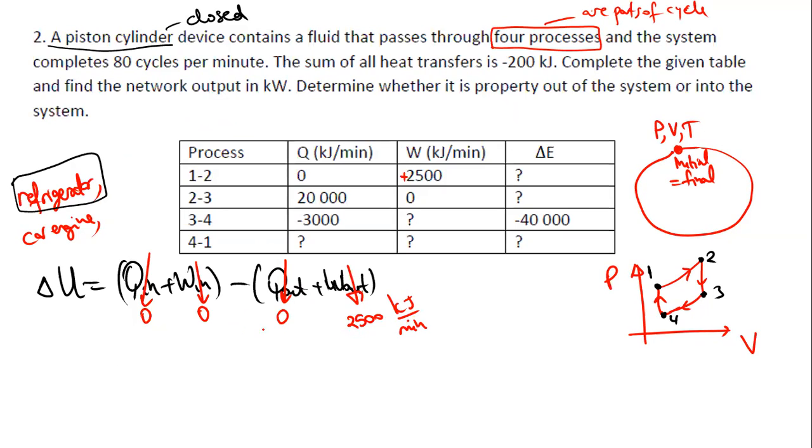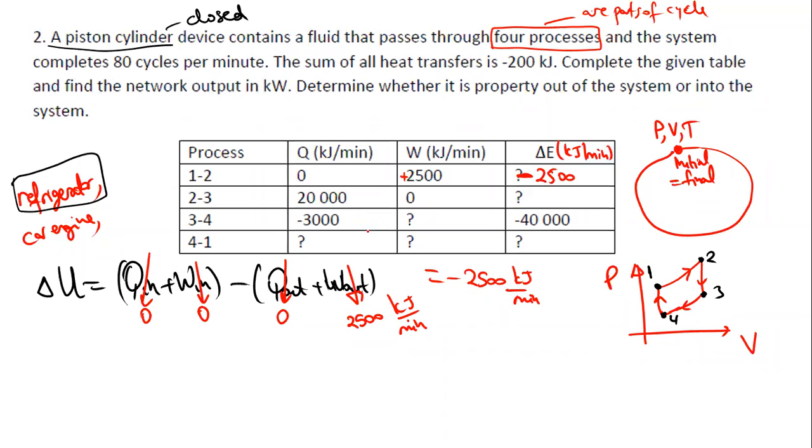So the change delta U will be equal to negative 2500, and the unit is also kilojoules per minute.